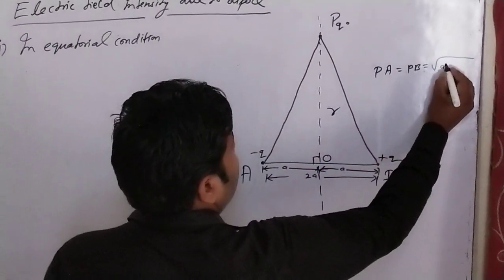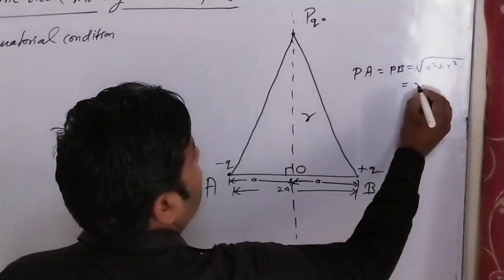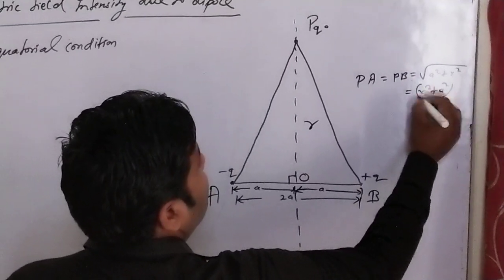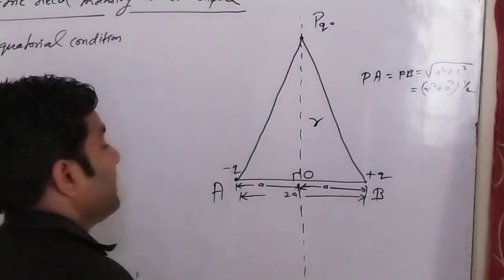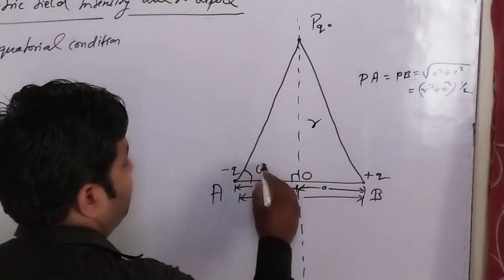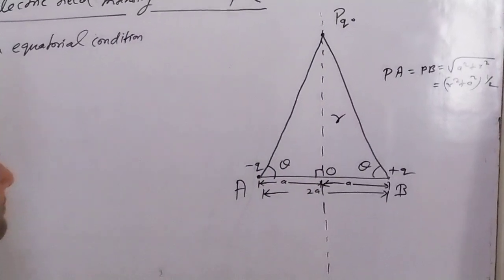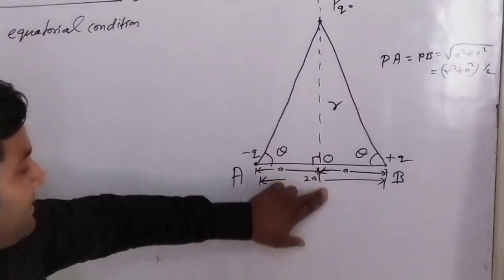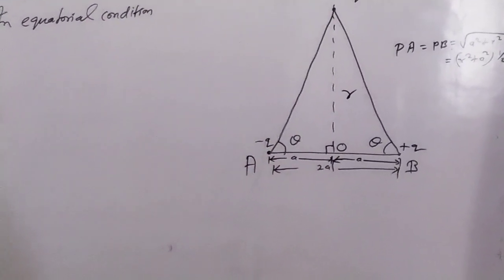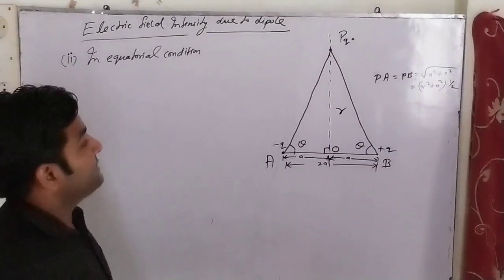It means a square plus r square, that is r square plus a square power 1 by 2. And if this angle is theta, then this one will also be theta. So we will derive the formula in a very easy way. Whenever the diagram concept is clear, the derivation will be easier.